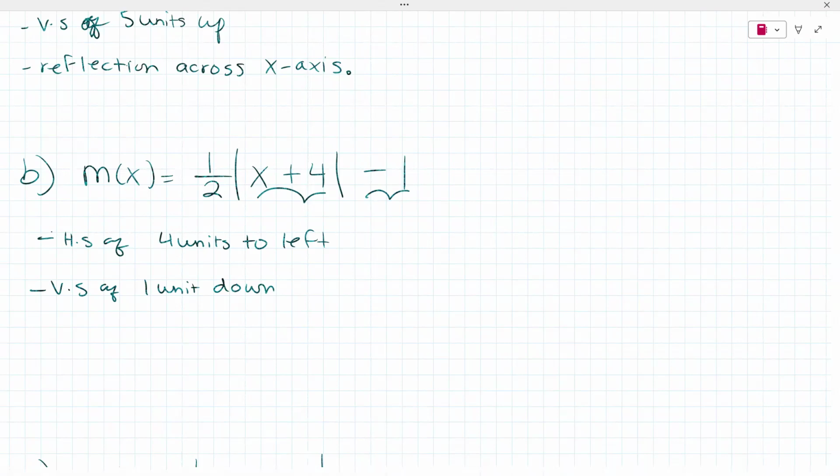It's positive 1/2, so there's no reflection. Well, we said that if a was less than 1 but greater than 0, and 1/2 is technically less than 1 but greater than 0, they say that it is a vertical shrink by a factor of 1/2. So what that means is the V shape will be a bit wider. Okay.